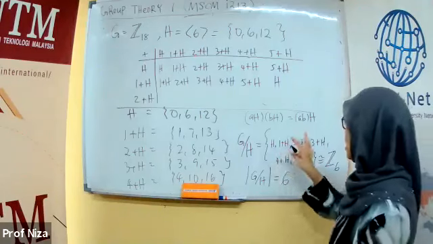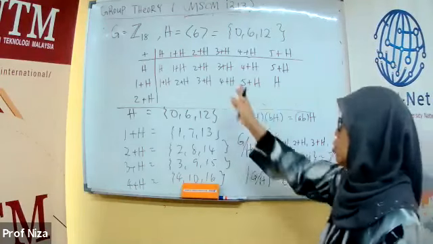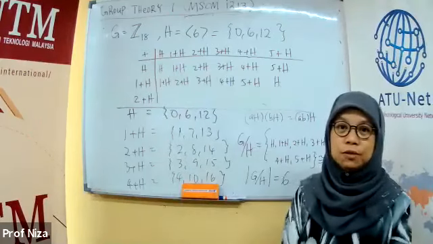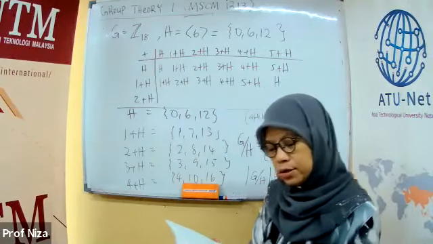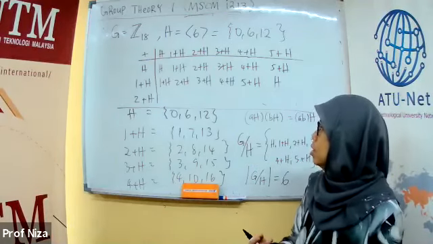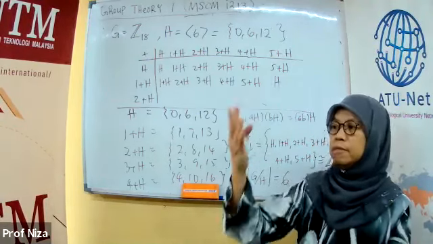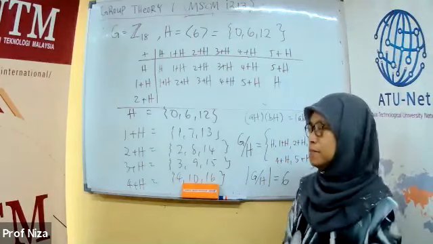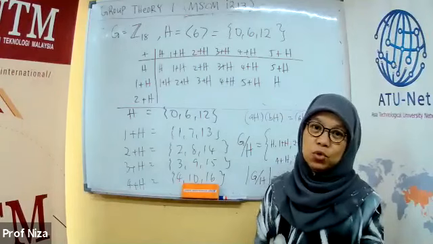It is an element, although it's a set, it's one element, and the order depends on how many you add to get the identity, which is H. Okay, this is quite straightforward because this is abelian. Then, as before, if you choose the subgroup of order 2, then there will be a factor group of order 9. If you choose a subgroup of order 9, then you just have a factor group of order 2.